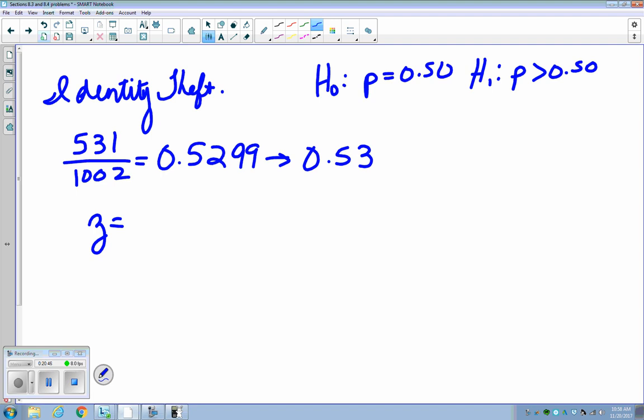Remember what our Z formula is? It's P hat minus P. This is P hat, that's my sample proportion. Remember, we're going to label everything because we have P's all over the place, right?